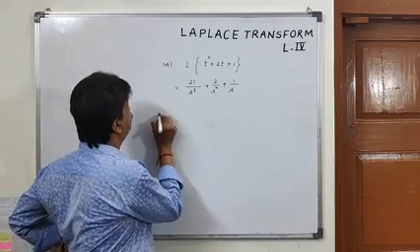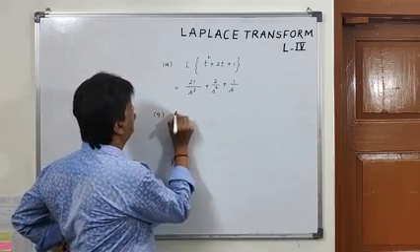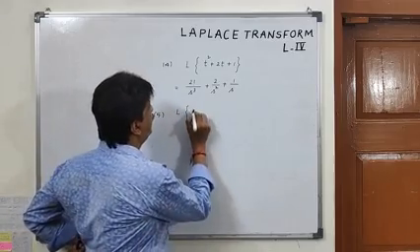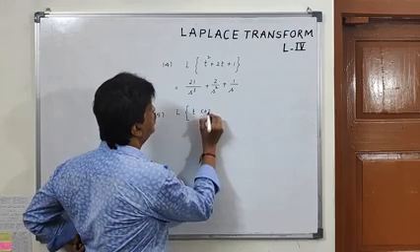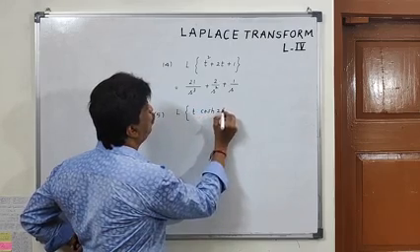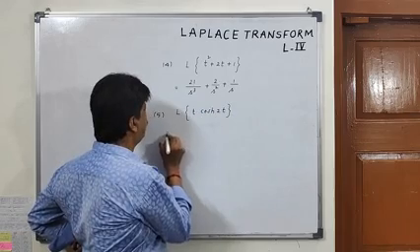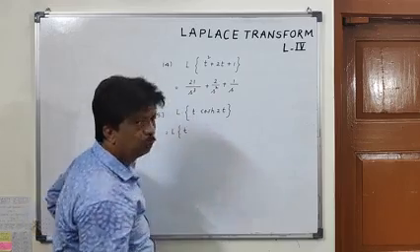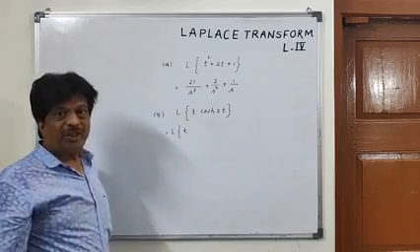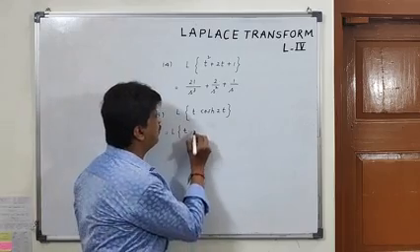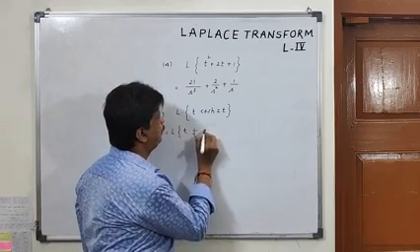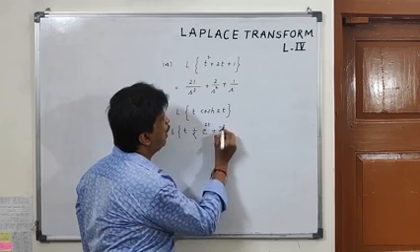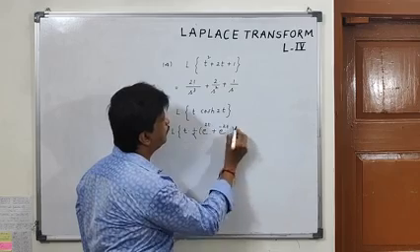Next, obtain the Laplace transform of t into cos h of 2t. Cos h 2t is 1 by 2 times e raised to power 2t plus e raised to power minus 2t.